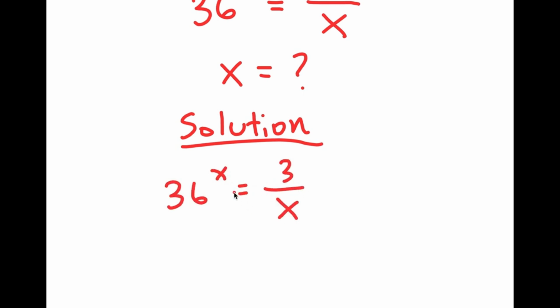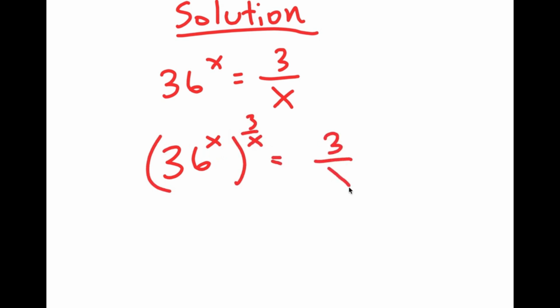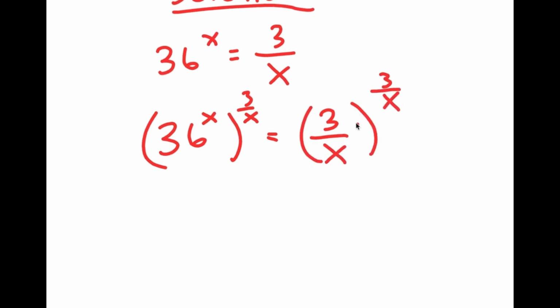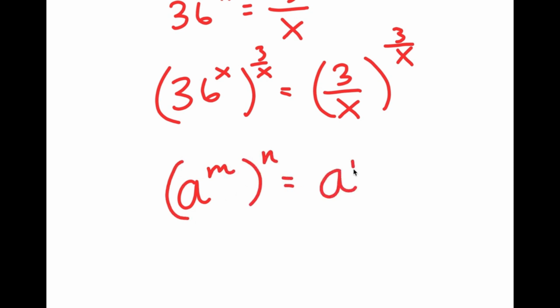And what I'm first going to do is take the power of 3 over x on both sides. So now I have 36 to the power of x to the power of 3 over x is equal to 3 over x to the power of 3 over x. Now, if I have something in the form a to the power of m to the power of n, this is equal to a to the power of m times n.